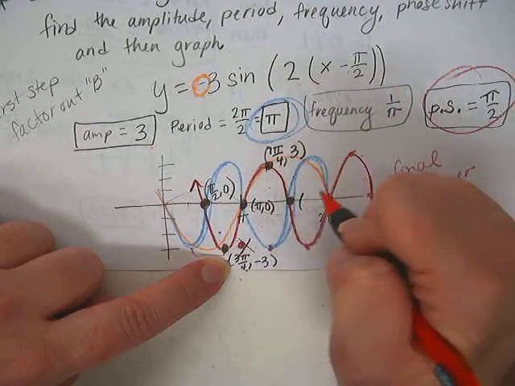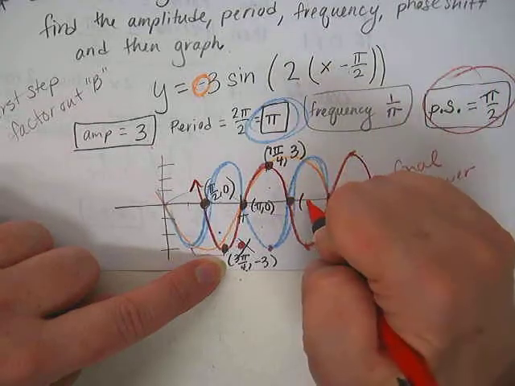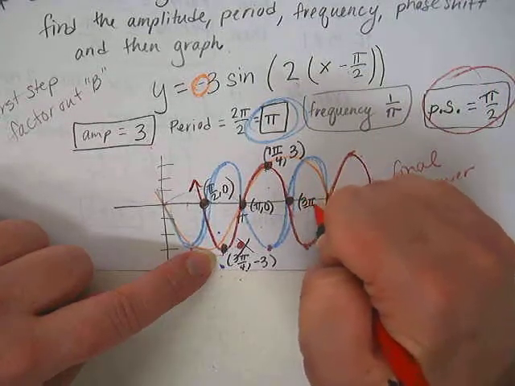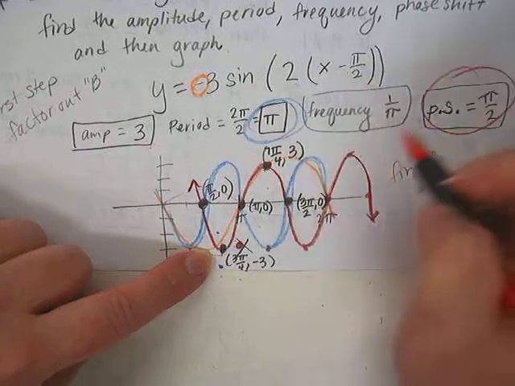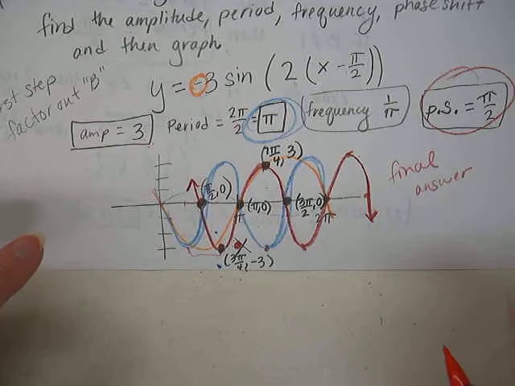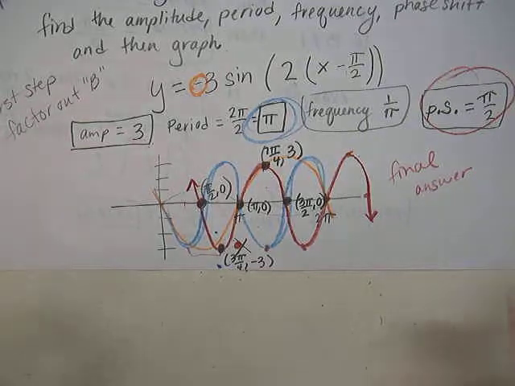This point here would be 7 pi fourths, comma 3. And this point here would be 3 pi halves, comma 0. So there's my 5 key points. That tells me I know I've put the graph exactly where I want it to be.